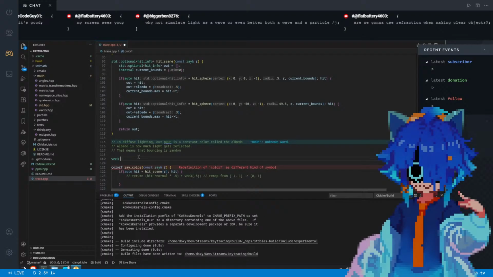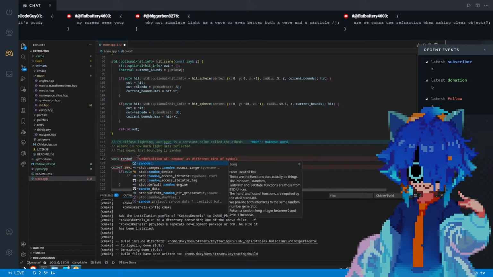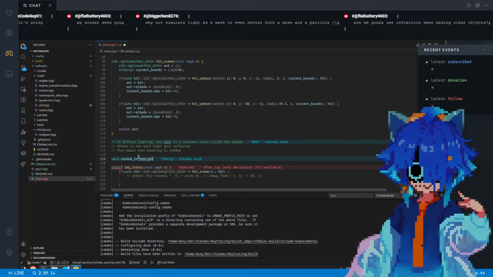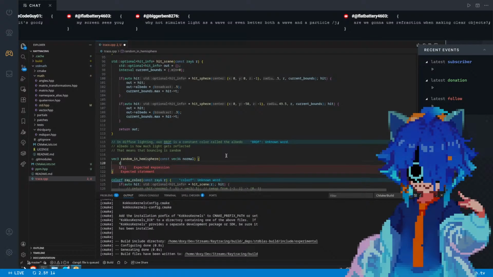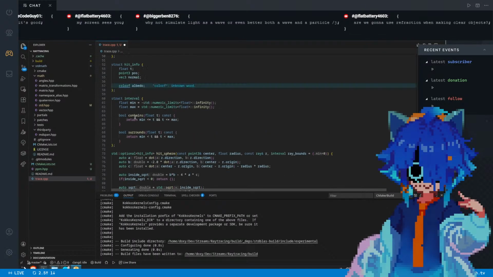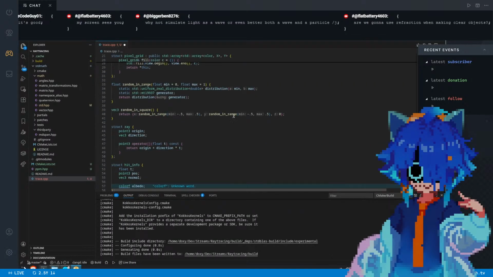So we need a vec3 random in hemisphere, and we need a vec3 for the normal. The way we're going to define a hemisphere for this purpose is to ask whether the vector is pointed in roughly the same direction as the normal. Actually, wait, do I have a random vector? I do not.